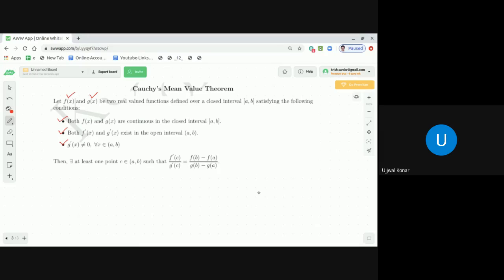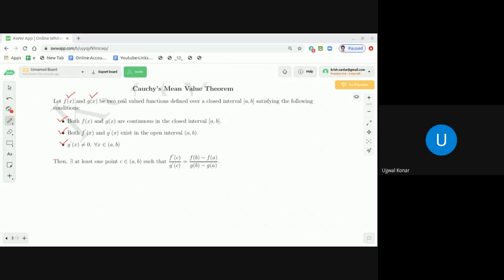And dear students, if you take the function g(x) as x, then you will see this turns out to be Lagrange's mean value theorem. Now, as we are done with these three mean value theorems, I would like to solve some problems along with you so that it will be more clarified.